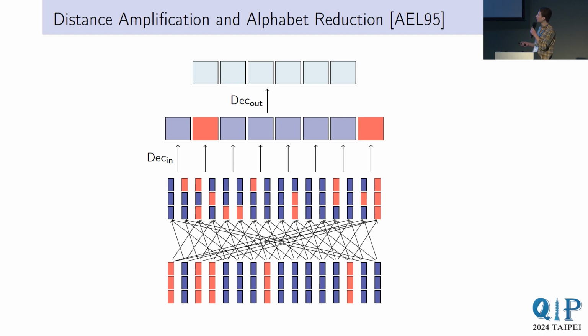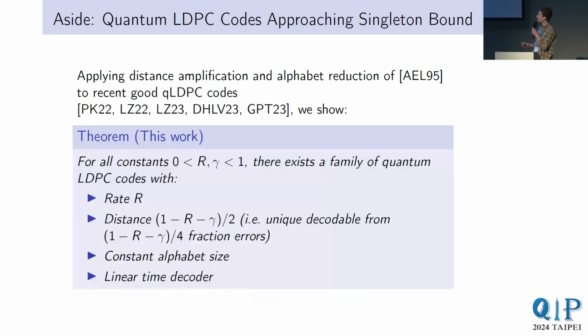I don't think I have time to go into more depth, but at a very high level, it's just this kind of simple concatenation followed by a permutation scheme. Yet it seems to be very powerful. For instance, just applying this to asymptotically good quantum LDPC codes, we automatically get quantum LDPC codes approaching the quantum Singleton bound. So it's just something you can get for free by pasting in the AEL technique.